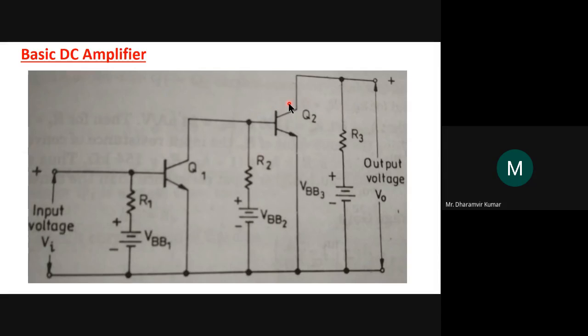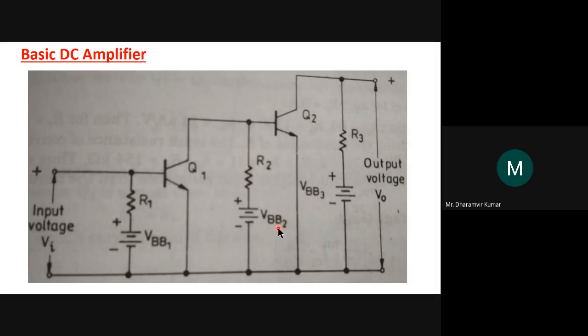We observed that with each stage the battery strength should increase. It means that VBB3 should be higher than VBB2, and VBB2 should be higher than VBB1. This is applicable with each stage.